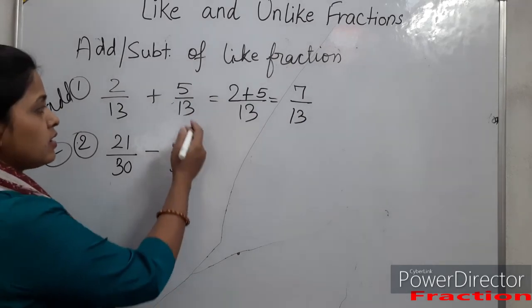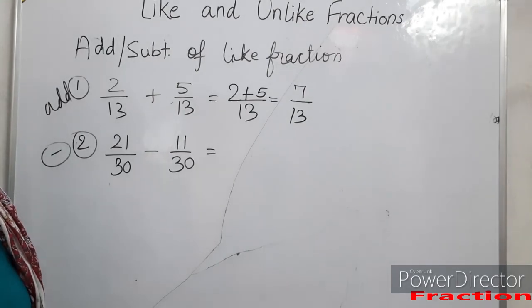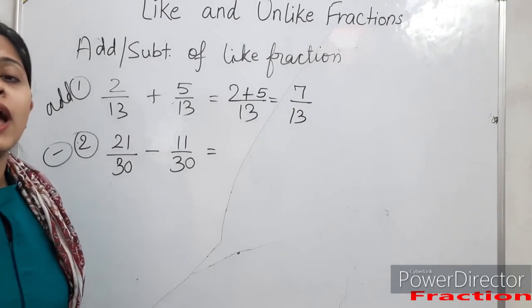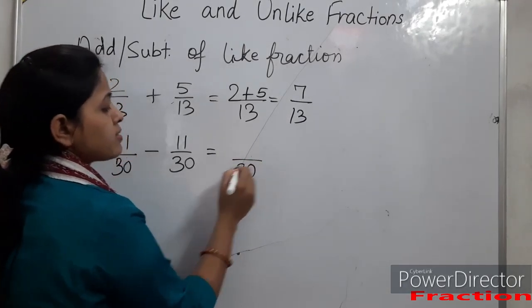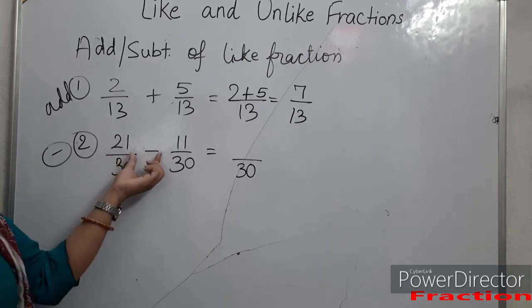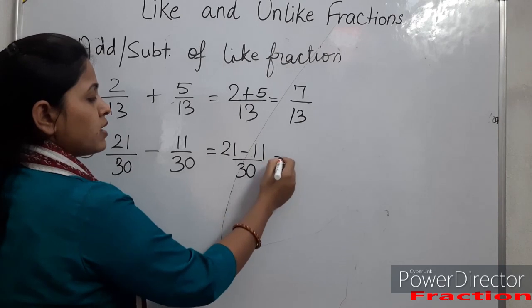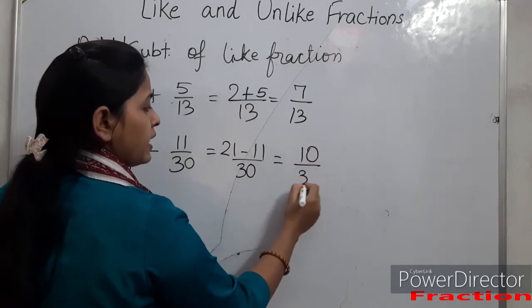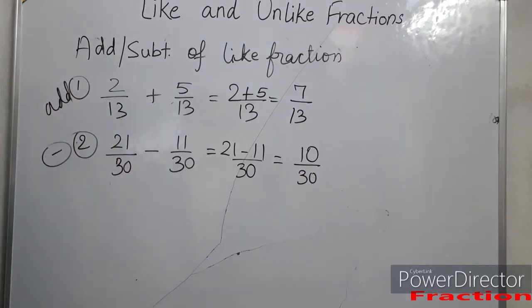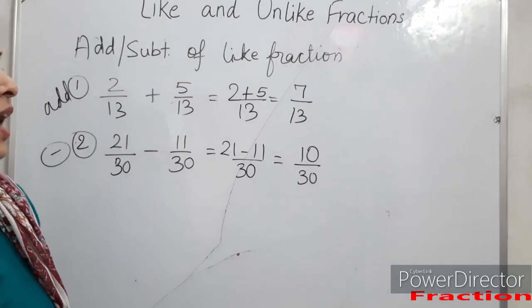And as I have said earlier, in the case of like fractions, whether it is addition or subtraction, we do not need to add or subtract the denominators. The denominator will be written as it is. Now we just have to subtract the numerator part, that is 21 minus 11, which equals 10 by 30. So simple, so easy guys. This way we can add and subtract like fractions.